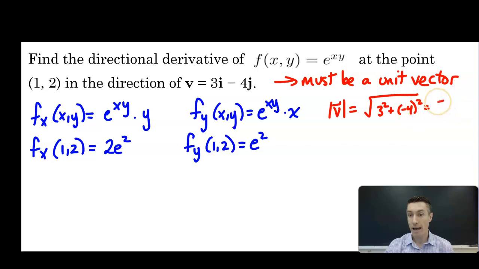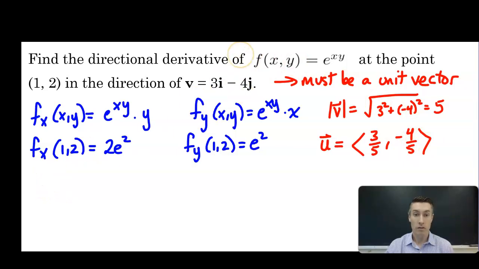Square root of 25 is 5. But we have learned how to find a unit vector. We divide the vector by its magnitude. So the unit direction vector, and I'll use vector brackets instead of i's and j's, will be <3/5, -4/5>.